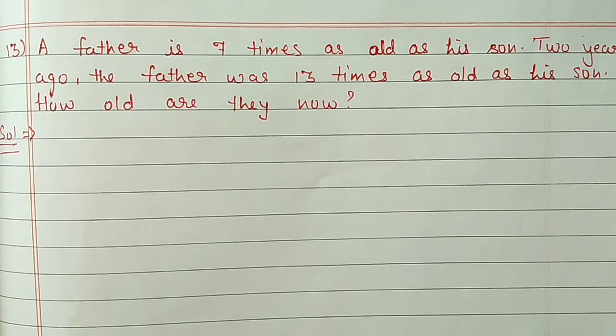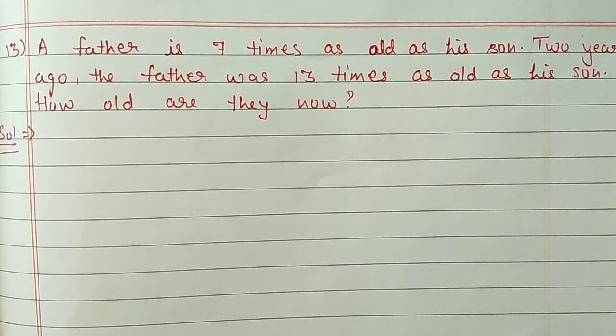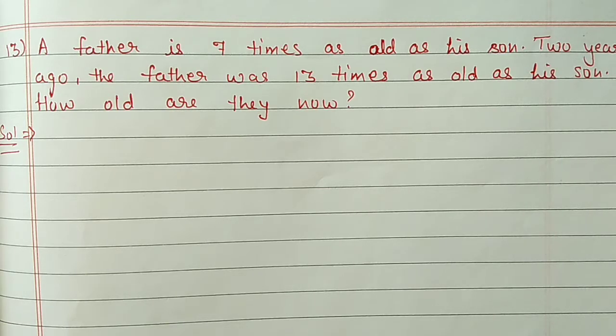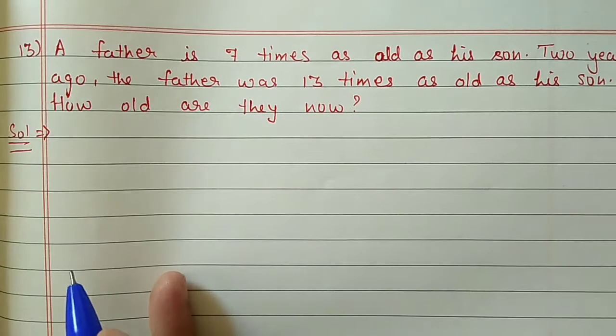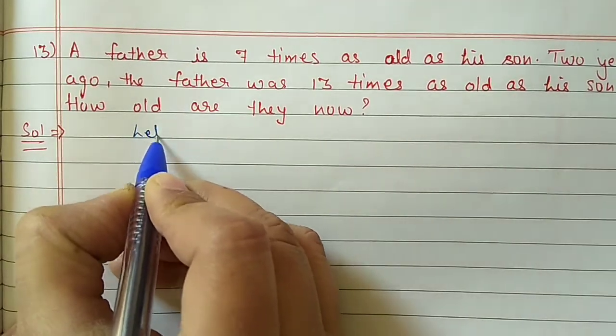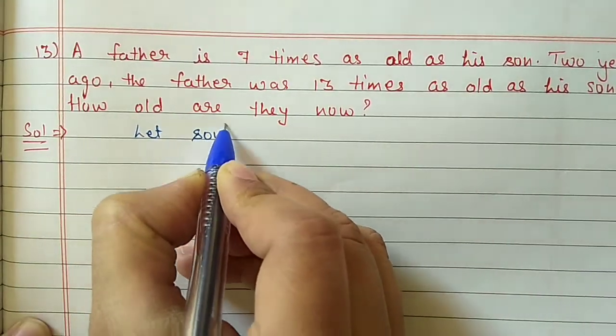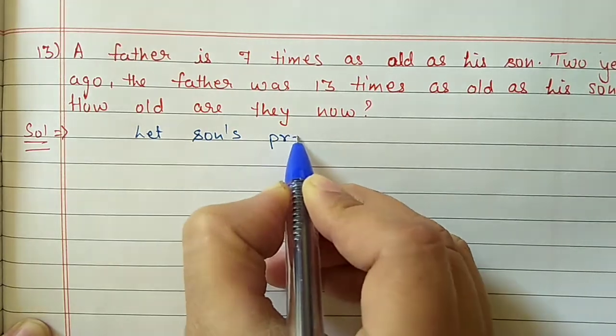Next question number 13. A father is 7 times as old as his son. 2 years ago, the father was 13 times as old as his son. How old are they now? Now means we have to calculate their present age. So, let son's present age be x.